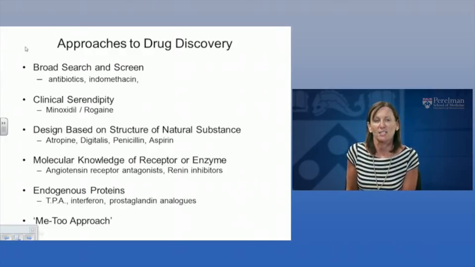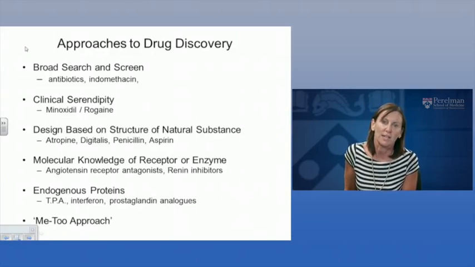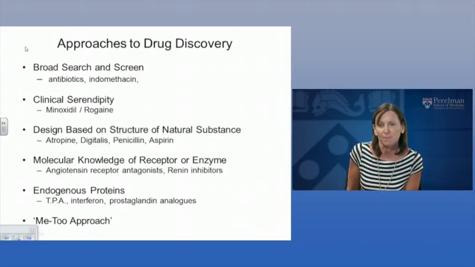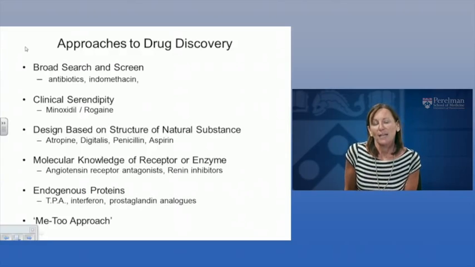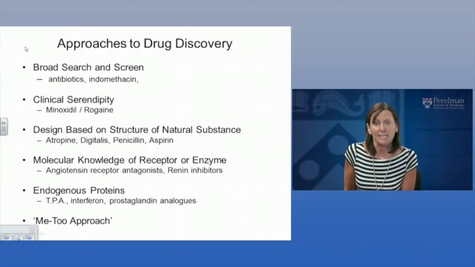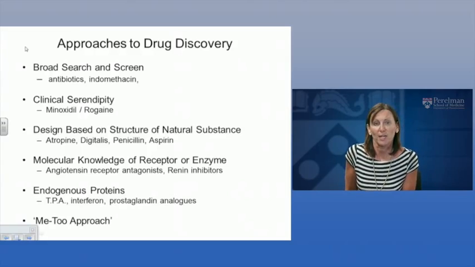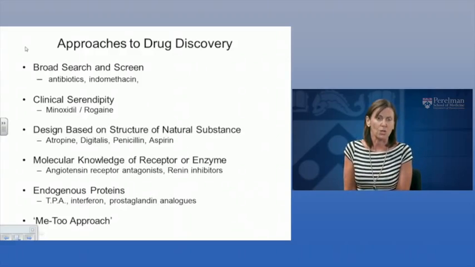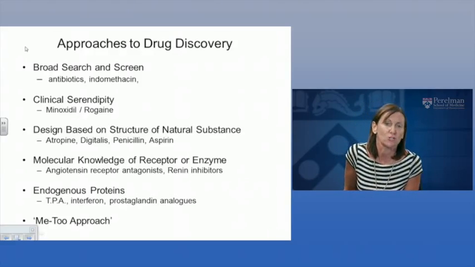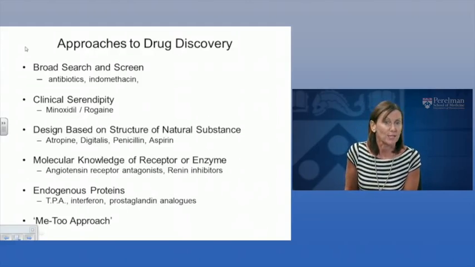So these are the design of currently used synthetic drugs based on the known structure of a natural substance. The more scientifically exciting component of pharmacology is actually designing drugs based on the molecular structure of the receptor or the enzyme.